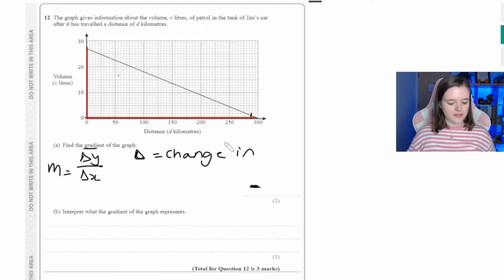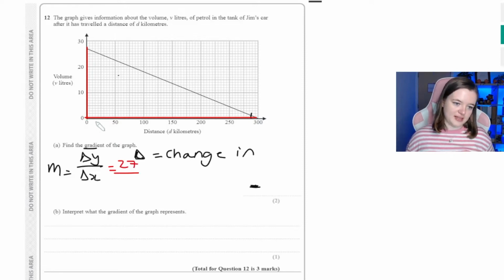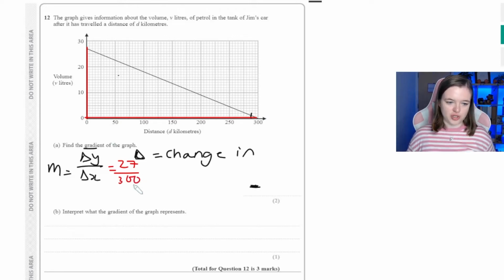Change in y is from 0 to 27. And then the x is from 0 to 300. So the gradient is going to be 27 divided by 300, and that is 0.09. So my answer is negative, which I've already put there, 0.09.